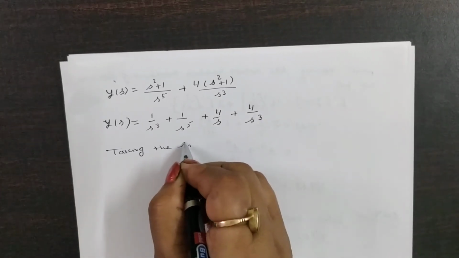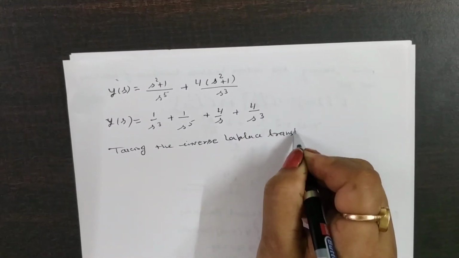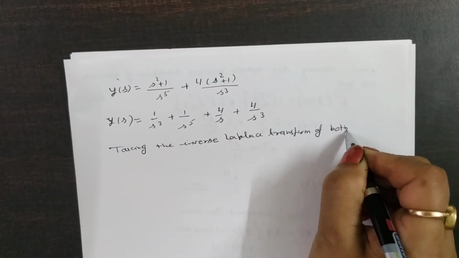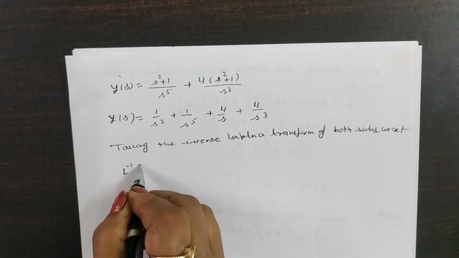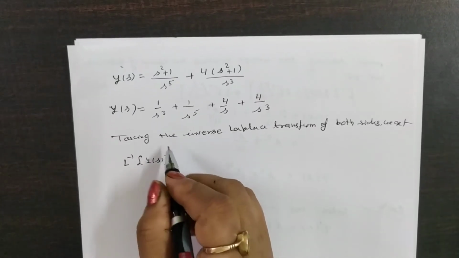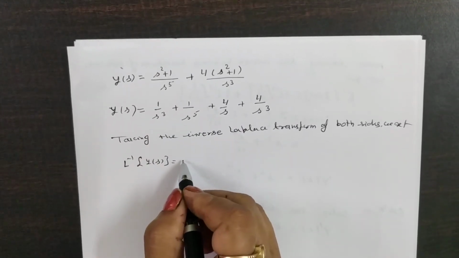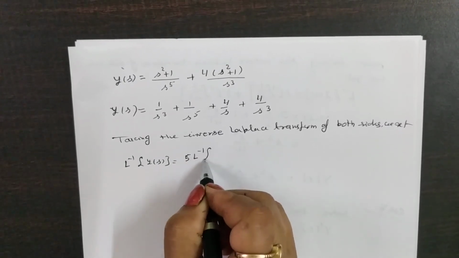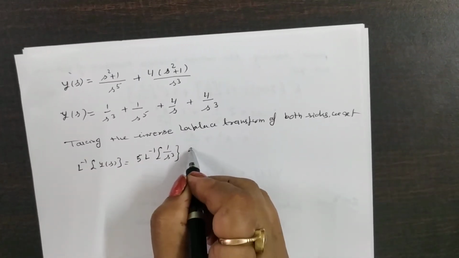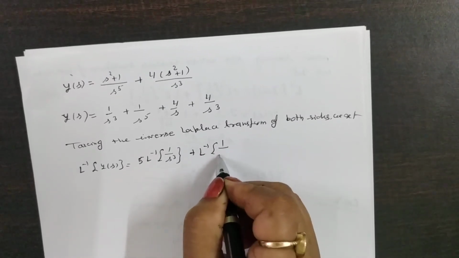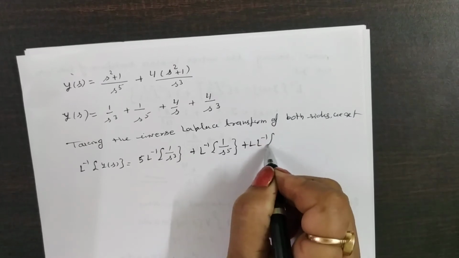Now taking the inverse Laplace transform of both sides, we get the inverse Laplace of Y(s). Since s cube appears in two terms, we can write 5 times the inverse Laplace of 1 by s cube, plus the inverse Laplace of 1 by s to the power 5, plus 4 times the inverse Laplace of 1 by s.